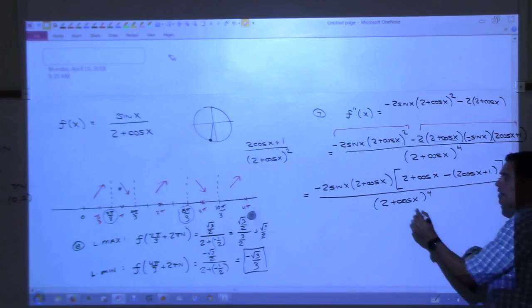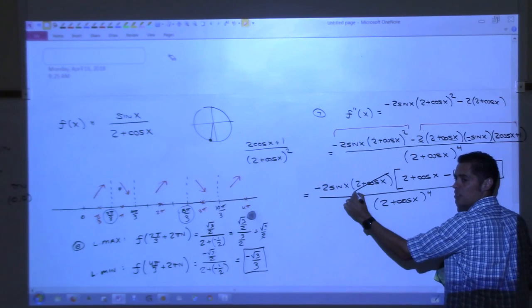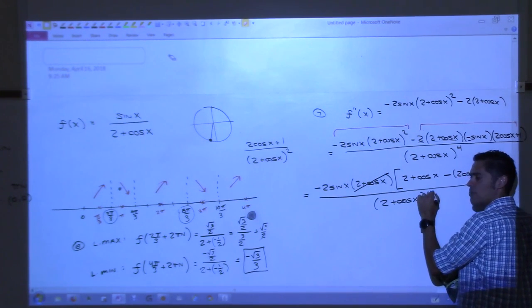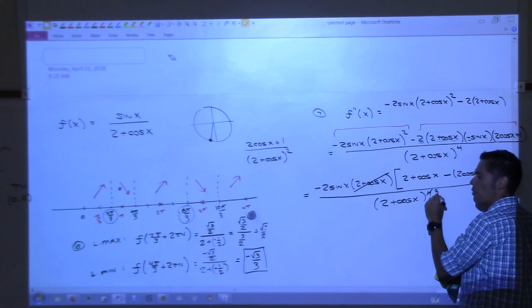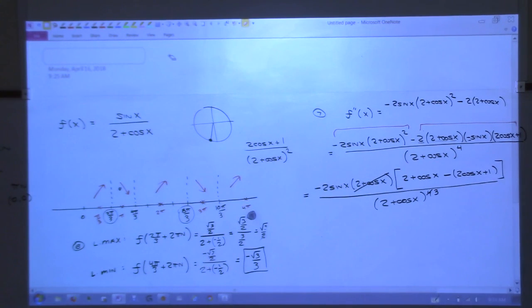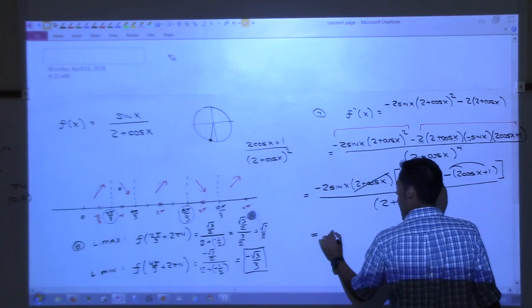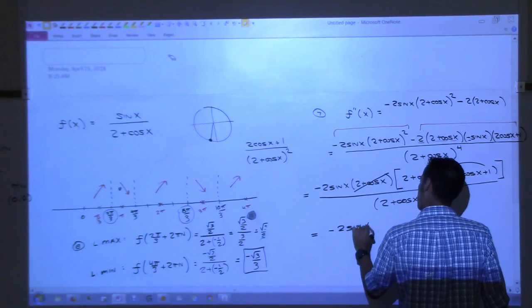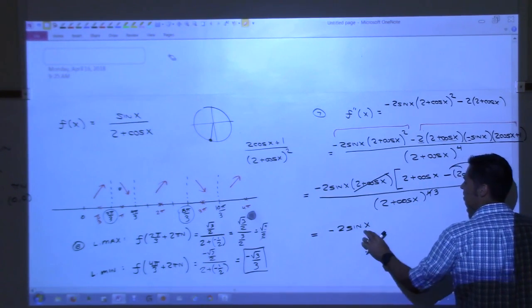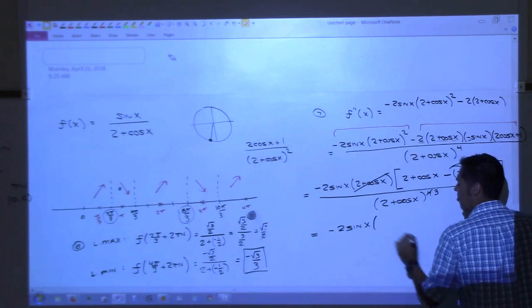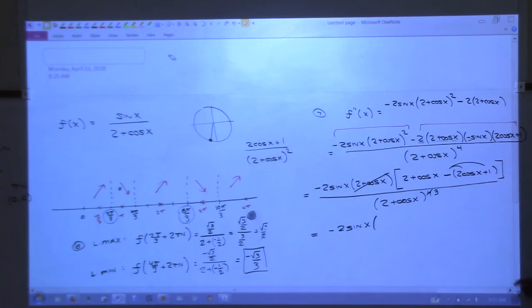Okay, so recognizing now that we have a common factor, that cancels here, and that becomes a 3. And then cleaning up a little more, I'll go ahead and distribute this minus sign through for kind of a final version of this. So I have negative 2 sine x out front. I'm going to get rid of the brackets and go back to parentheses. When I do this, I'm going to have 2, and then I'm going to take away 1.